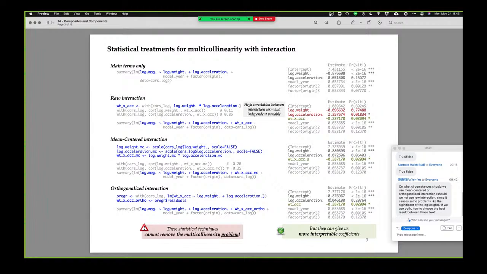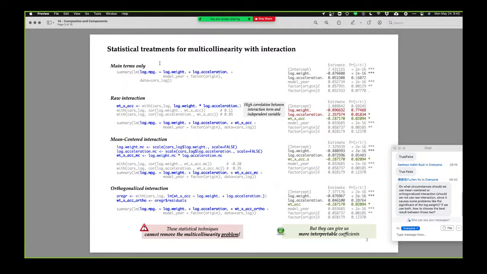All right. So the advantage of doing orthogonalization or mean centering is that within one regression result, I can interpret correctly the influence of weight, the influence of acceleration, and the influence of the interaction. If I didn't do mean centering or orthogonalization, could I do the same thing?